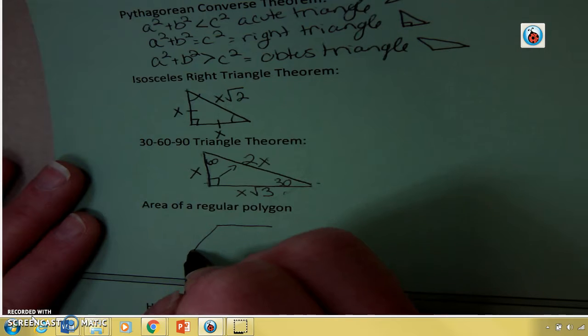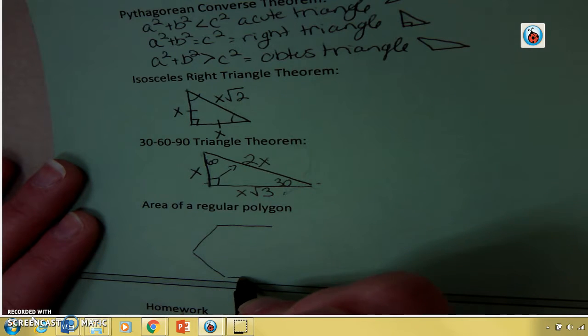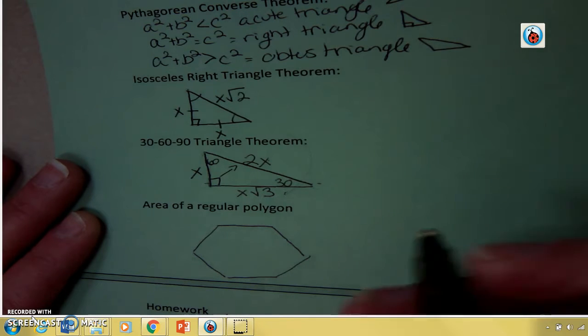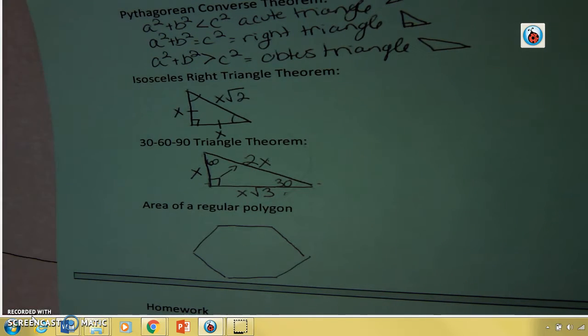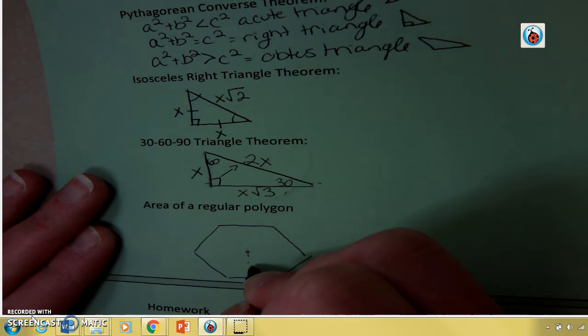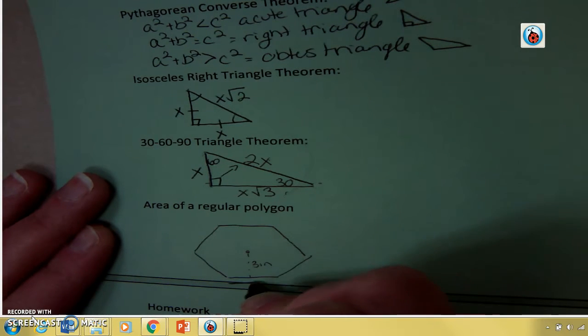So let's say I asked you to find the area of this hexagon. Well, that's a really crummy drawing. And I said from here to here it's 3 inches, and from here to here it's 4 inches.